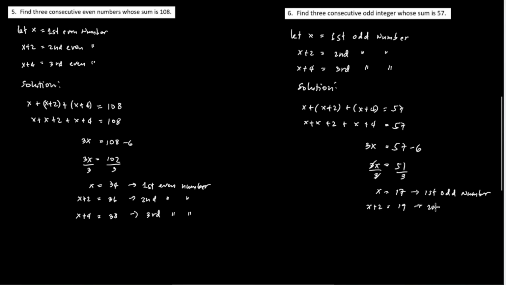And this is the second odd number. And last, x plus 4, 17 plus 4, or 21. And this is the third odd number. So the values are x is equal to 17, next 19, and 21. So this is the answer.